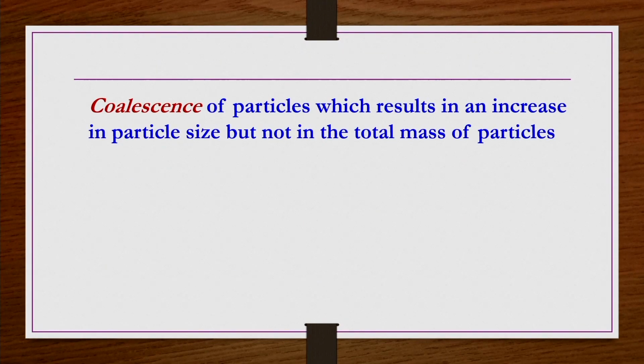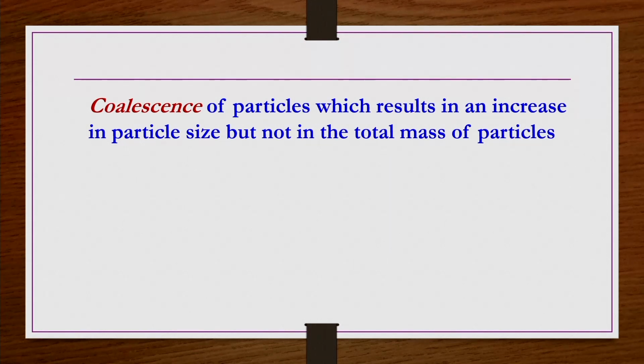Then is coalescence. Coalescence of particles results in an increase in particle size, but not in the total mass of particles. Whatever small size particles are there, they come together and coalesce and form a bigger size particle. The size increases, but the total mass does not change.